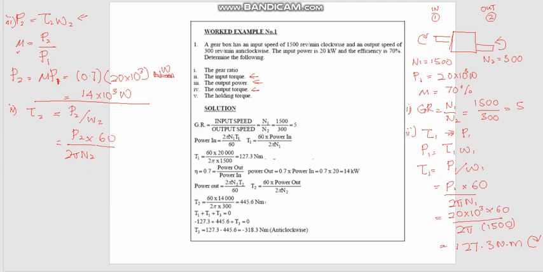If you plug in the numbers, P2 is 14 times 10 to the power of 3 times 60 divided by 2 pi, and n2 equals 300. If you calculate that, it is 445.6 Newton meter.